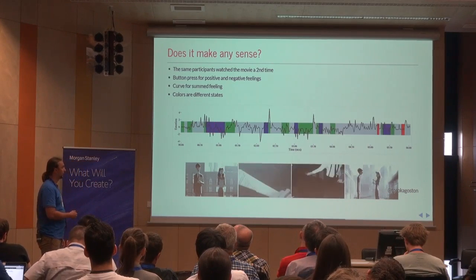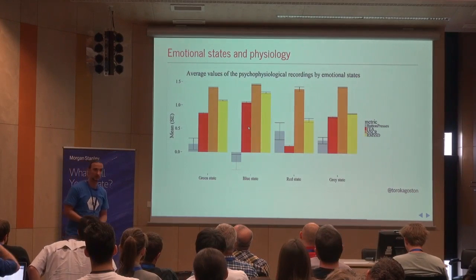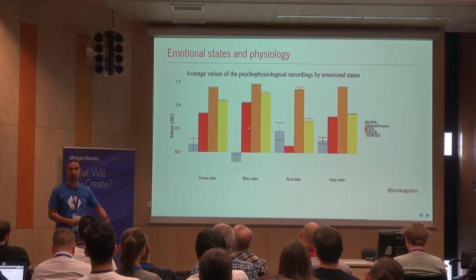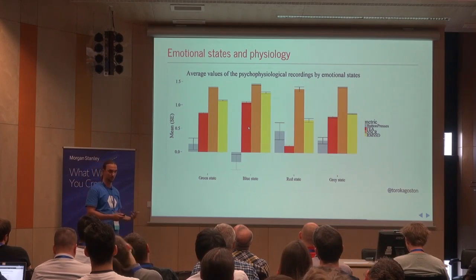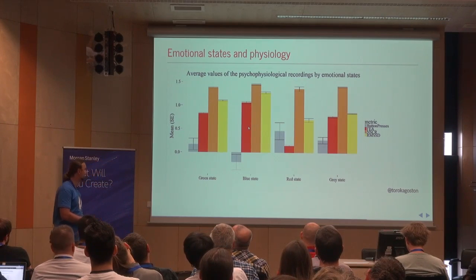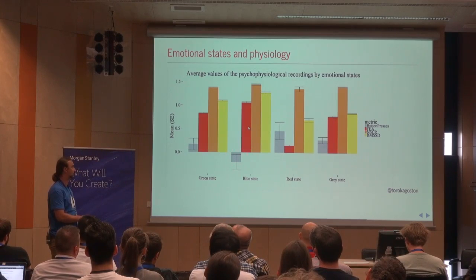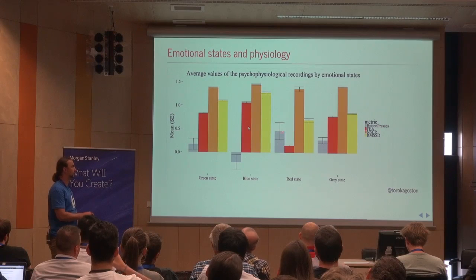And if you go for the average values of the physiological responses, along with the behavioral correlates, that I stress again, it was on the second view of the film, so it must be not a one-to-one correspondence. You can see that the blue state was indeed negative in the button press responses, and the red state, for example, that was really positive.